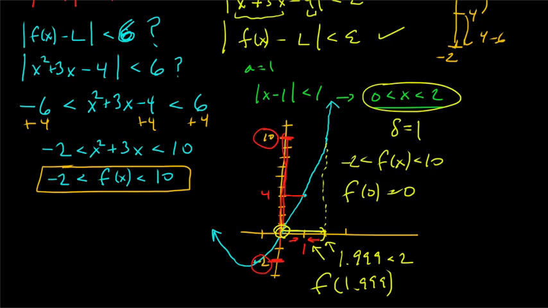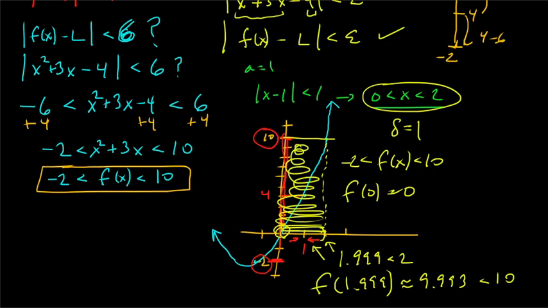It's going to be, let's see, about 9.993. Yeah, less than 10. And I can get even closer to 2. Even if I make it all the way to 2, it's going to be exactly 10. So as long as x is less than 2, f of x will be less than 10. So in other words, I will be within this band here.